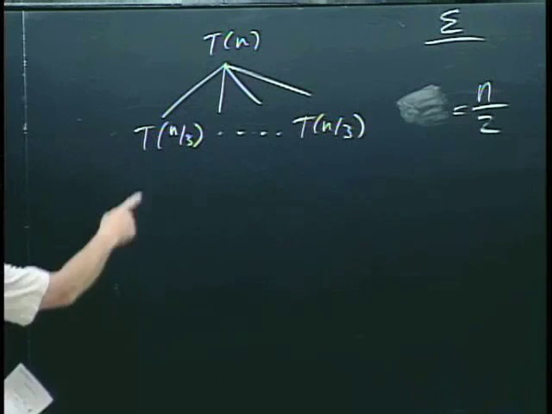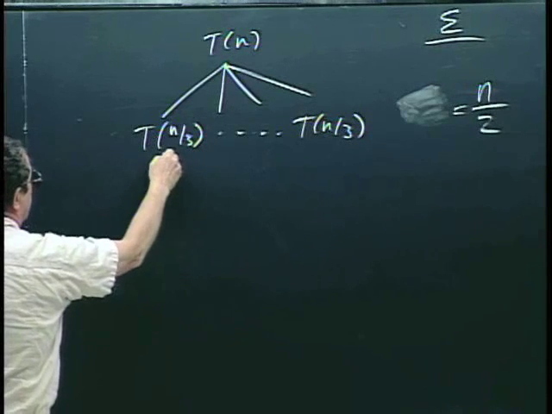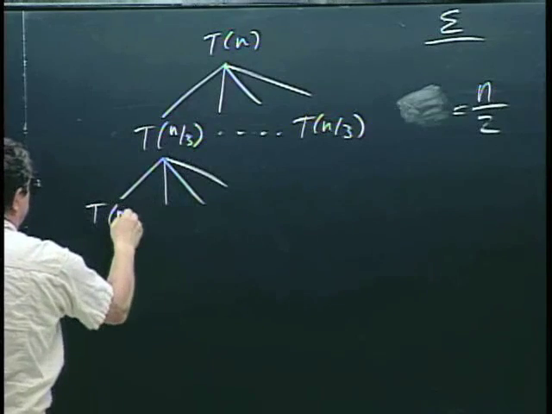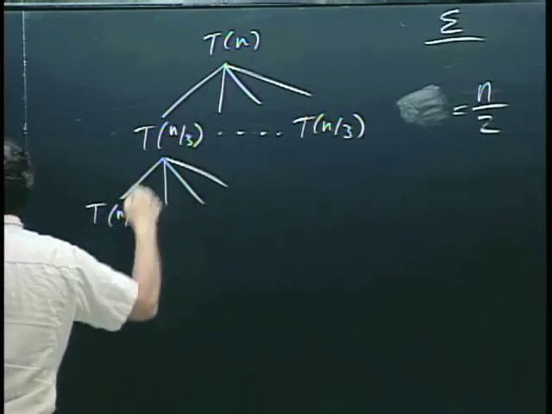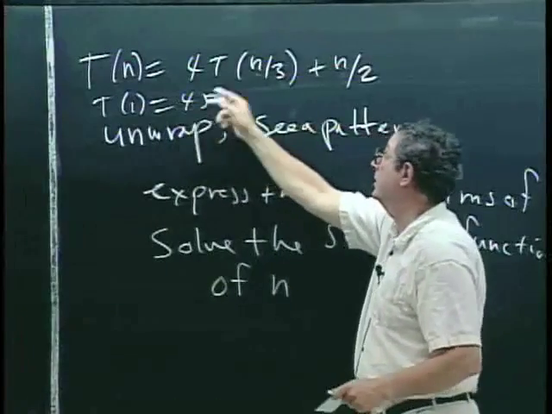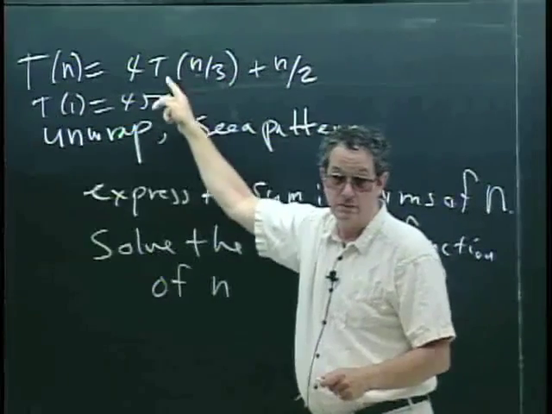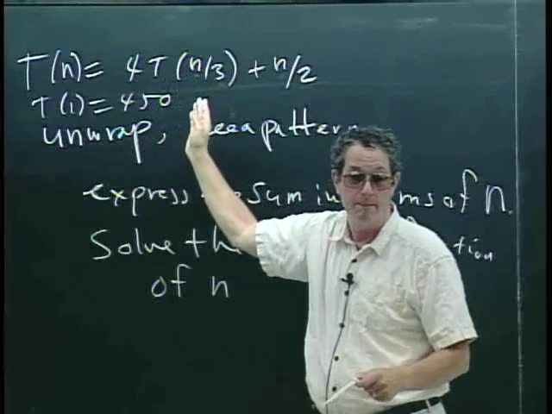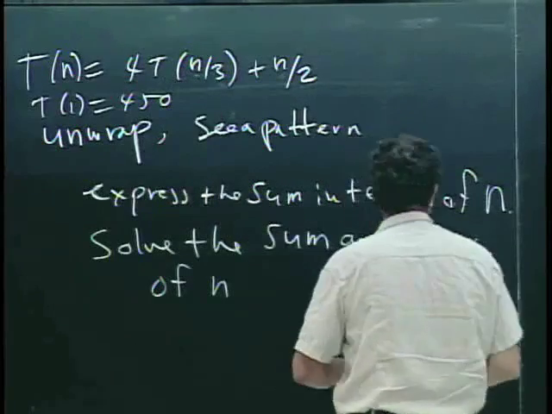Okay, then T of n over 3, what's the next one? Well, we plug that n over 3 in here. That's n over 3, and so what will this be? N over what? N over 9, right.